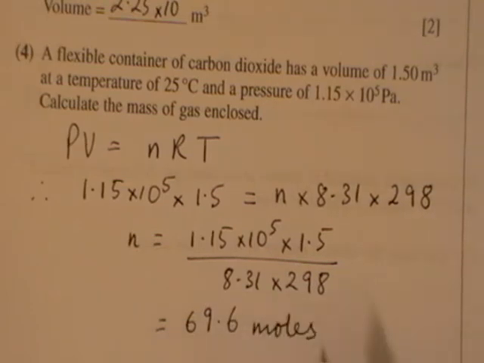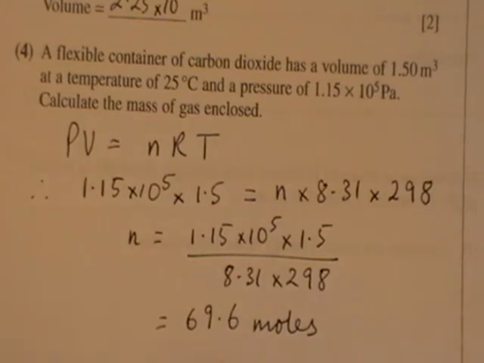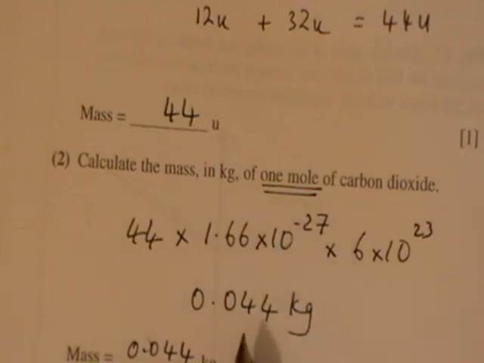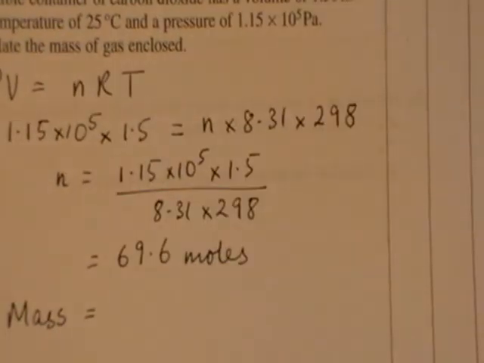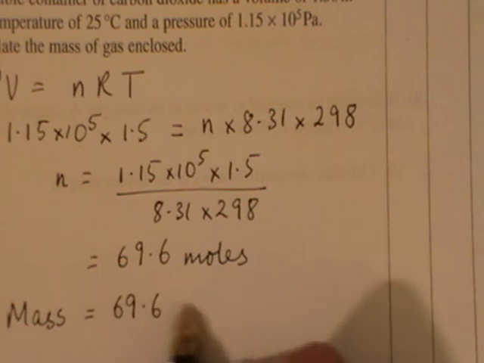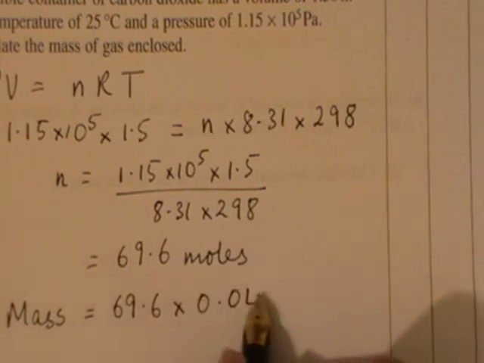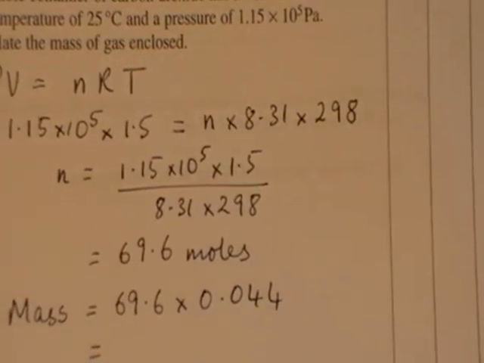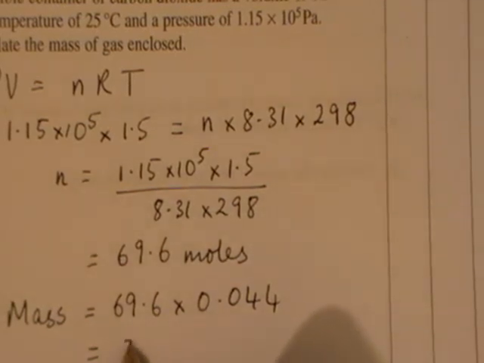moles, and therefore the mass is equal to, well, that's the number of moles, 69.6, and we've already worked out that the mass in kilograms of 1 mole is 0.044, so we're going to say that's equal to 69.6 times 0.044, and that gives us then a value of 3.07 kilograms.